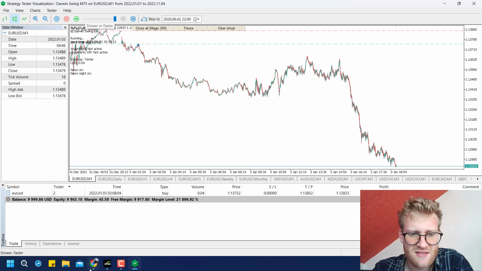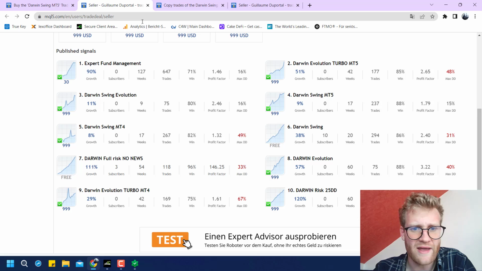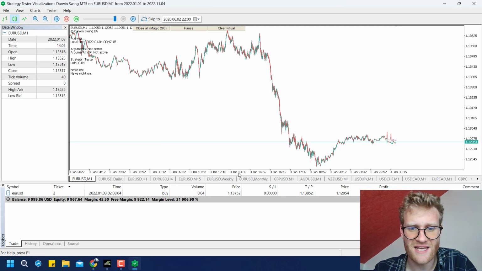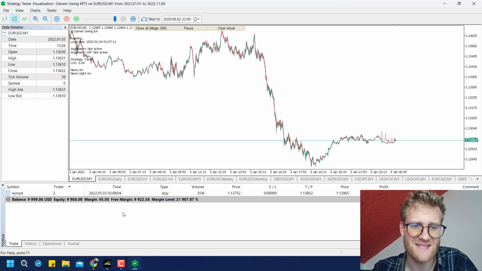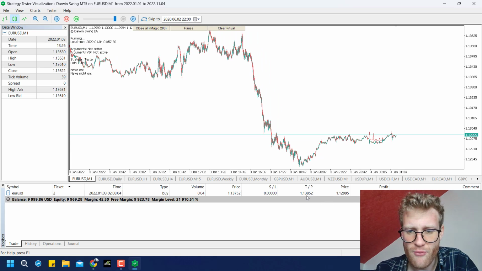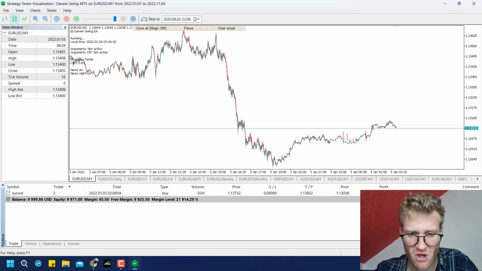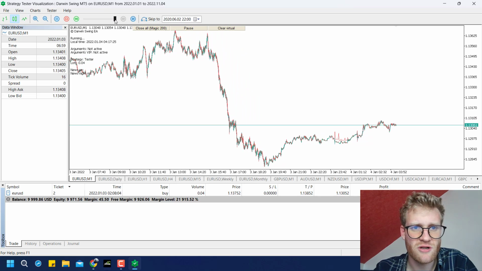This is how we can explain things like the equity being way below the balance, and this is typical for strategies or expert advisors that trade with a take profit, but not really with an SL. So the price can run into the negative area as long as it wants. We do not close the position.